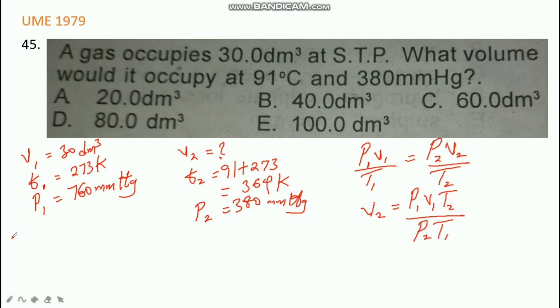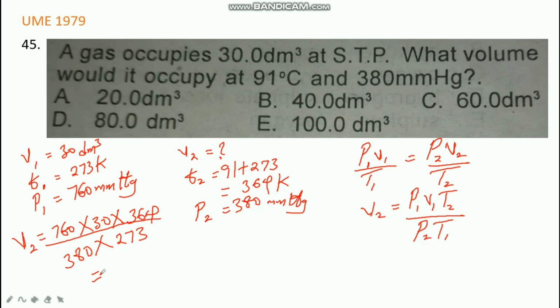So we have V sub 2 is going to be equal to P sub 1, which is 760, times V sub 1, which is 30, times T sub 2, which is 364, all divided by P sub 2, which is 380, times T sub 1, which is 273.